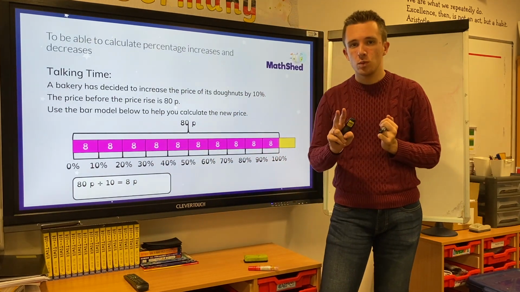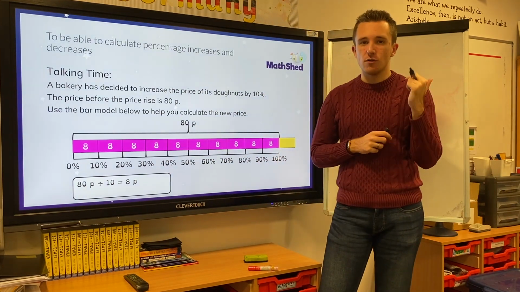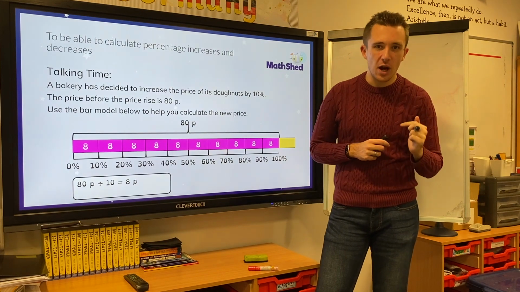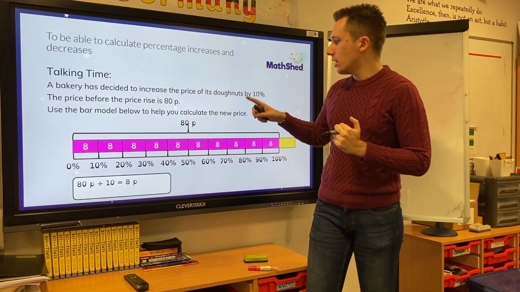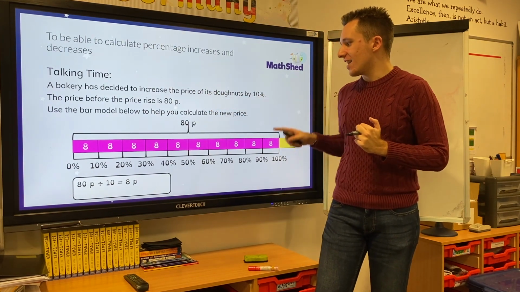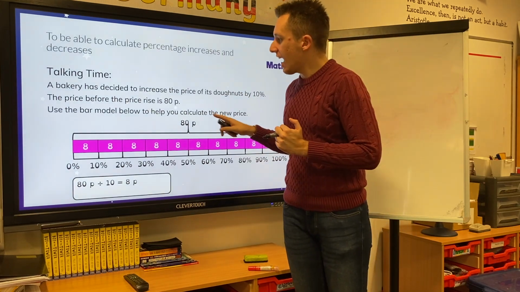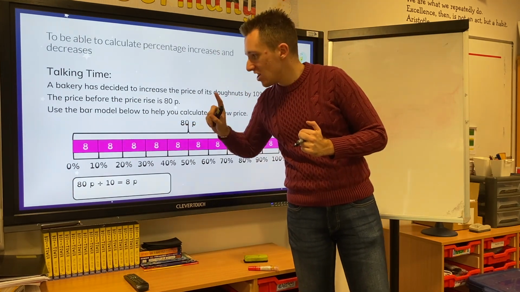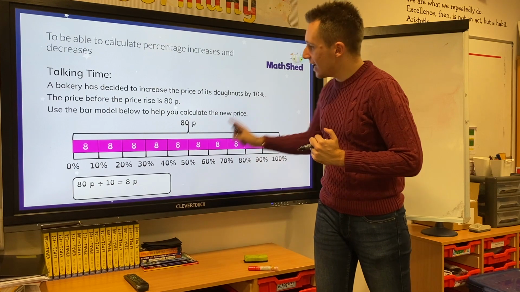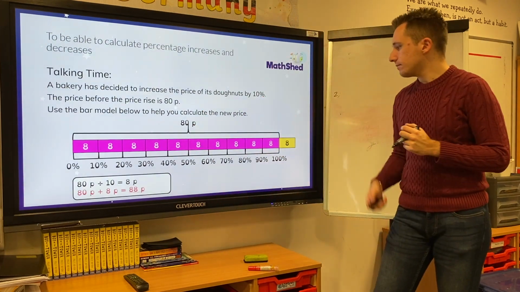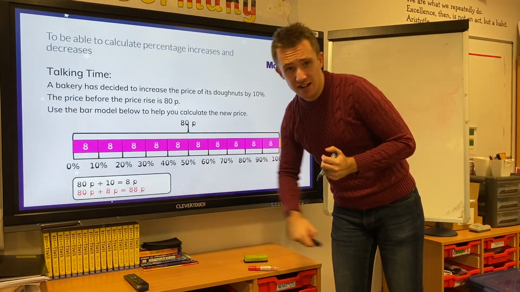Step 2, either add it to the original or take it away. It's an increase, so we're going to add. So we do 80, add 10%. 10% is 8. 80 add 8 would be 88p.